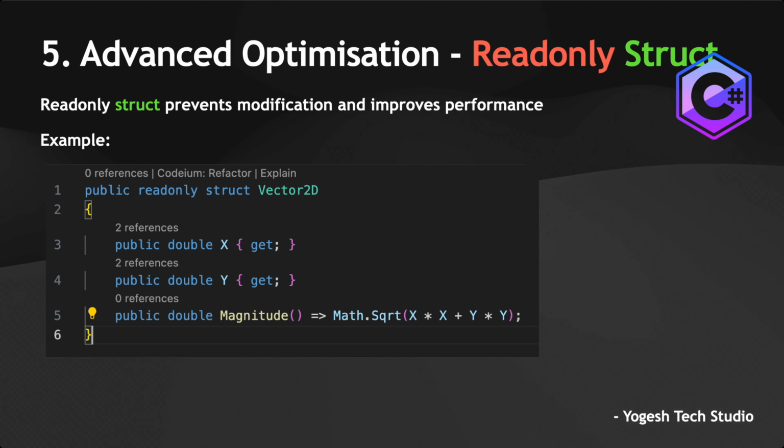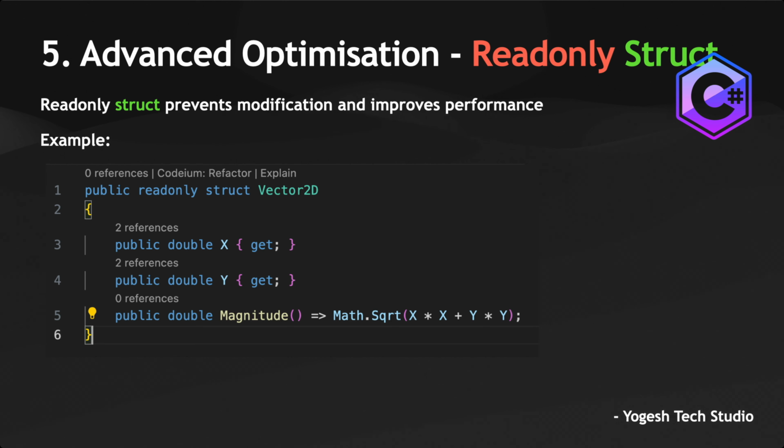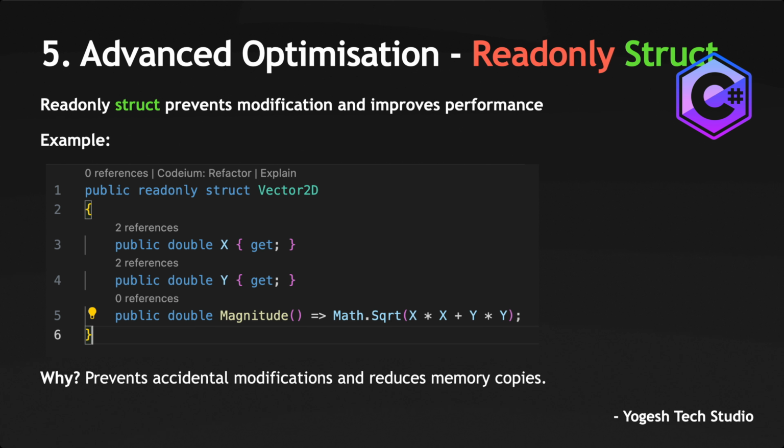We are utilizing the readonly keyword in front of struct. Our struct name is Vector2D, and we have a mathematical calculation going on here, just like we did earlier. We are calculating the magnitude, that is the square root, utilizing the square root function. So why is this necessary? It prevents accidental modification and reduces memory copies.